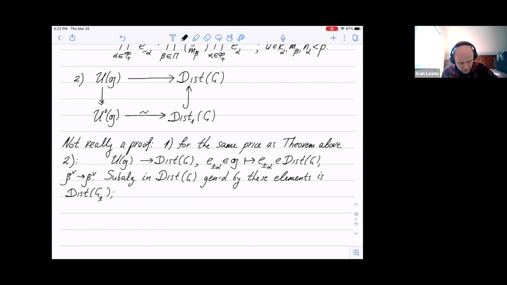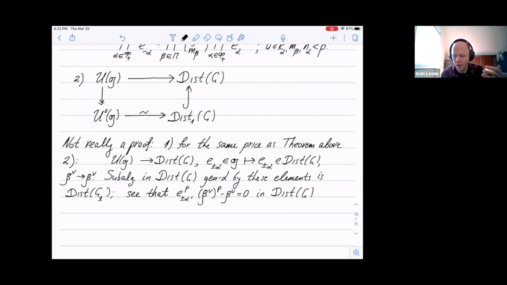Then you can see that E plus minus alpha to the power p, and beta check to the power p minus beta check, are equal to 0 in the distribution algebra.